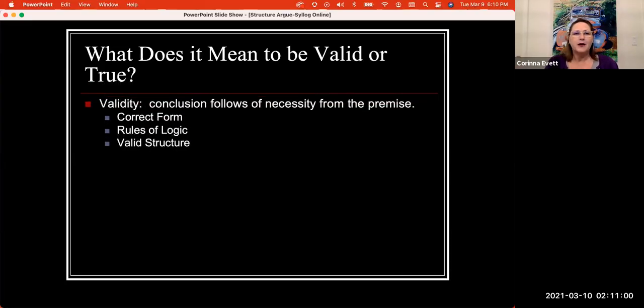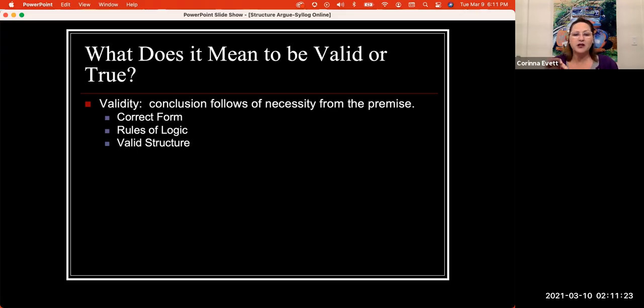So, as I just mentioned, if an argument is valid, the conclusion follows of necessity from the premise or premises. Correct form means the form of the argument is correct, and that's what we've been talking about: the order of the premises, and then the conclusion.